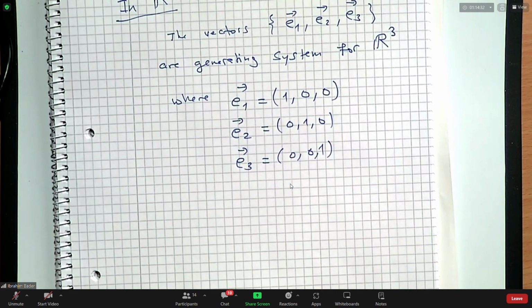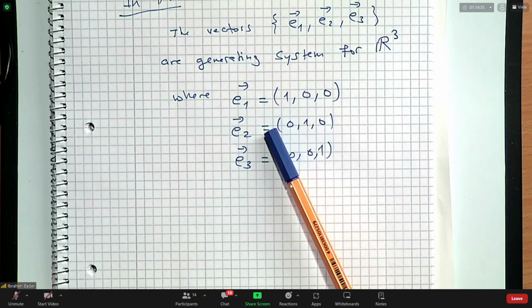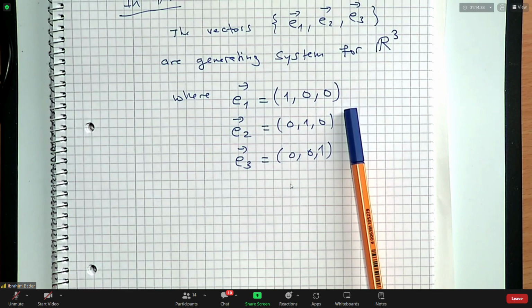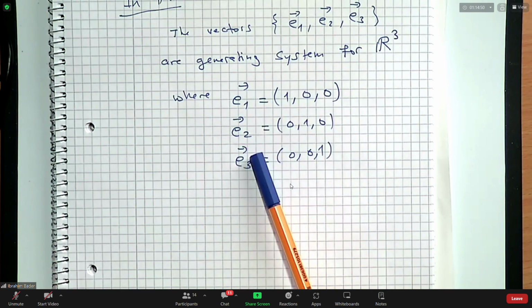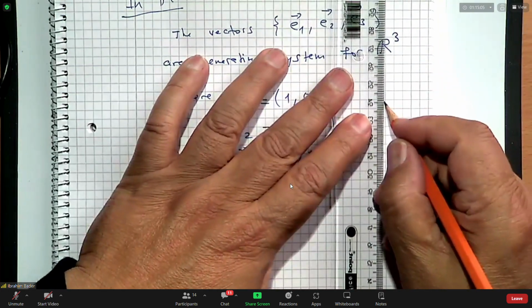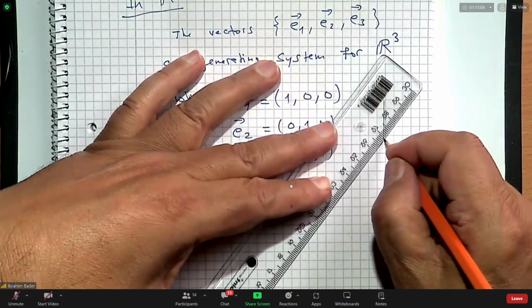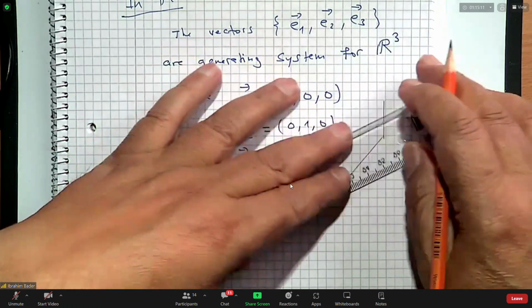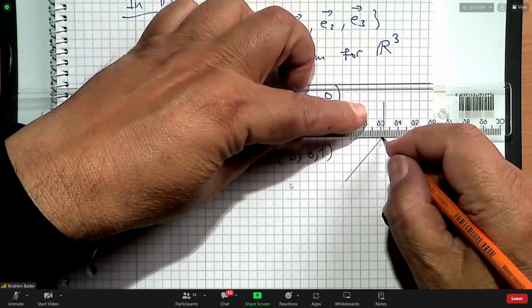I refer to these as E because, definitely, what is the magnitude of the first vector? Using the formula, the square root of 1 squared plus 0 squared plus 0 squared, it's 1. So actually, all three of them are unit vectors. They have exactly magnitude one, but different directions, and they are perpendicular to each other. Let me show you what this looks like.